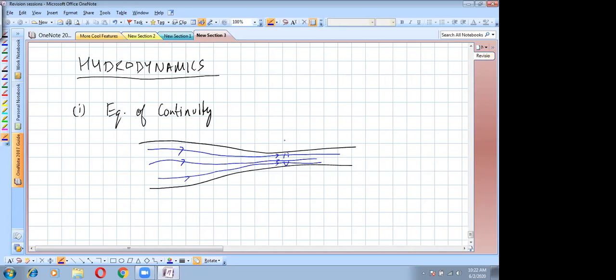So if this cross-sectional area is A1 and the velocity of flow here is V1, then this cross-sectional area being A2 and the velocity being V2, A1 V1 equal to A2 V2, which is equal to a uniform volume rate of flow.